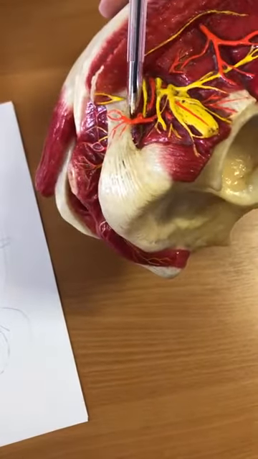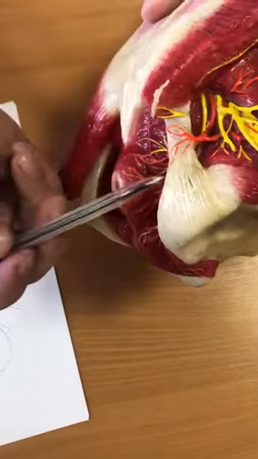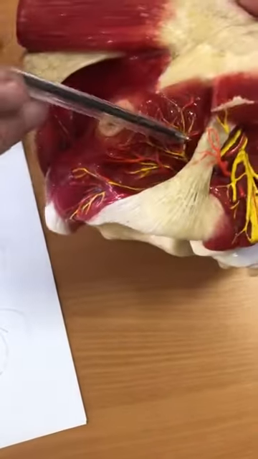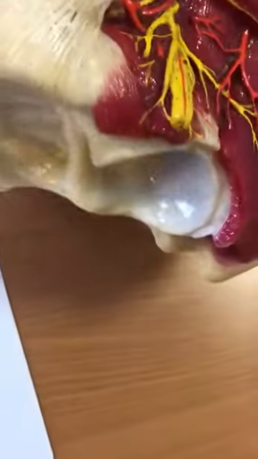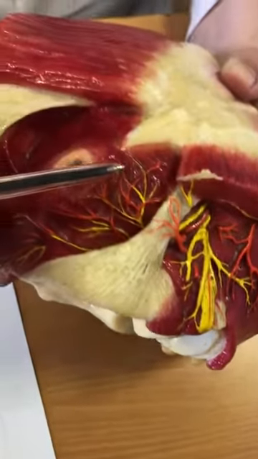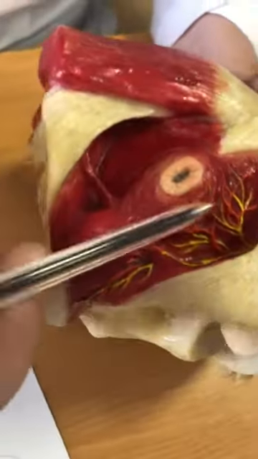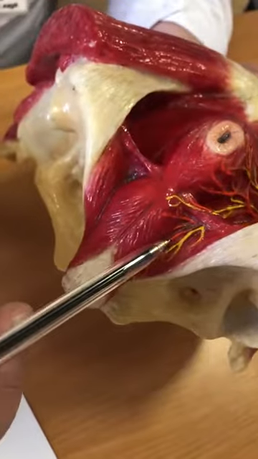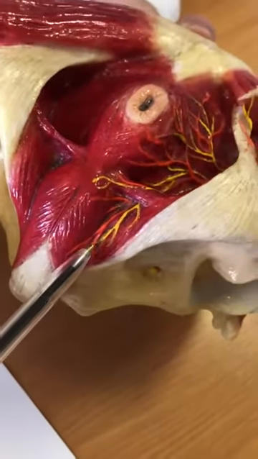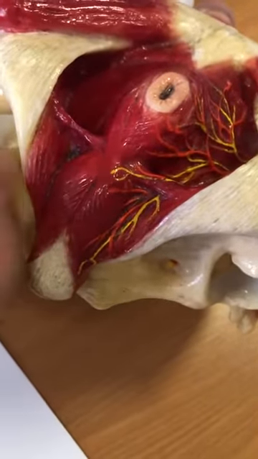And arteria pudenda interna continues into foramen ischiadicum minus, goes to fossa ischiorectalis. Here it gives arteria rectalis inferior and continues as arteria profunda penis and arteria dorsalis penis. That is here.